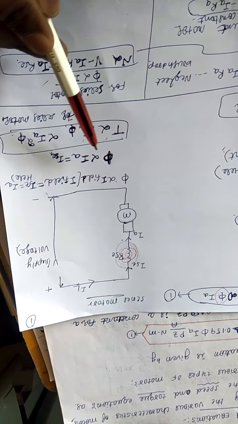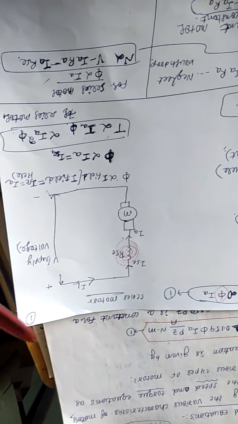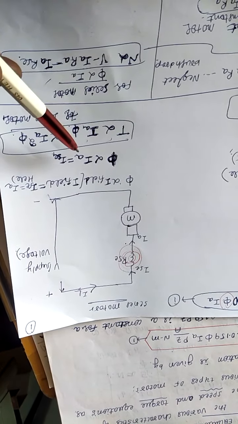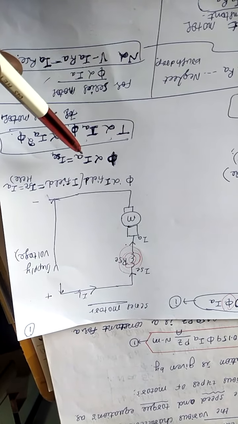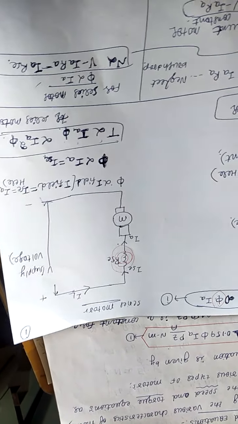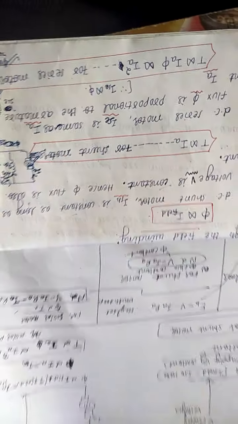So one thing keep in mind: in the case of a series motor, the flux is directly proportional to the armature current, nothing but your Isc. Is it clear?